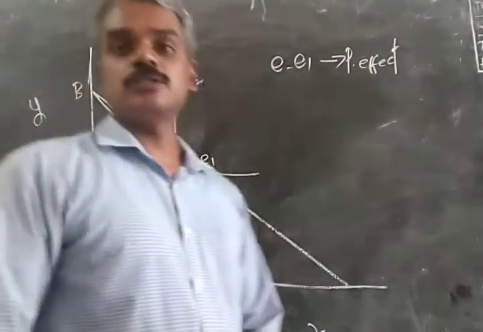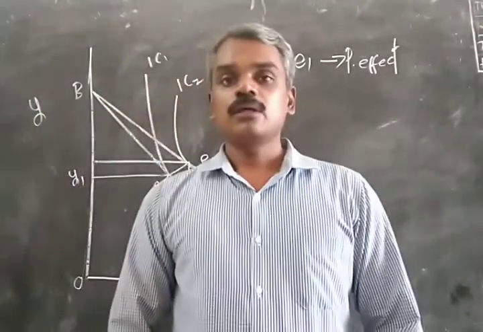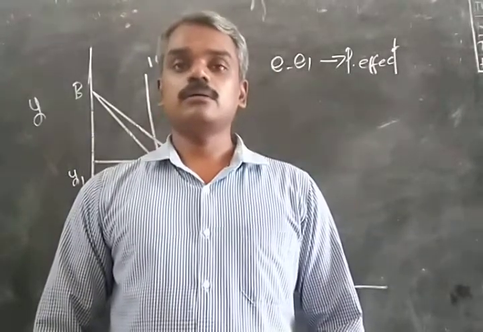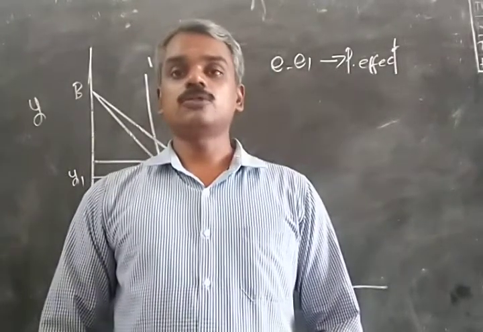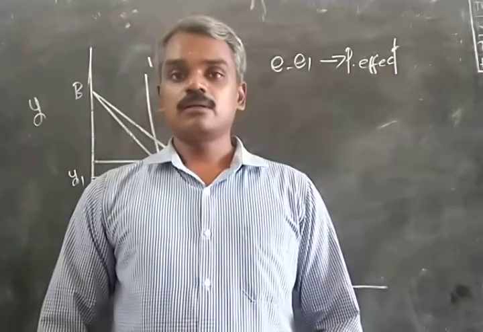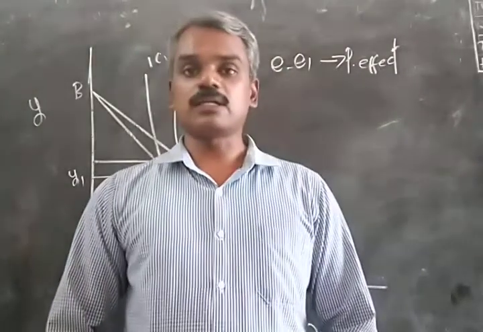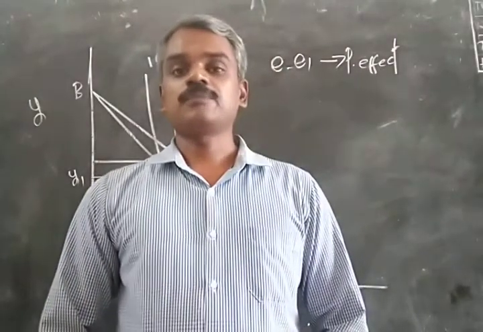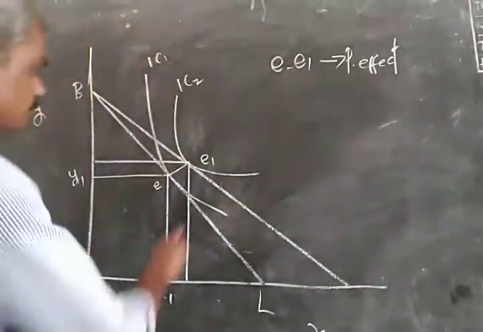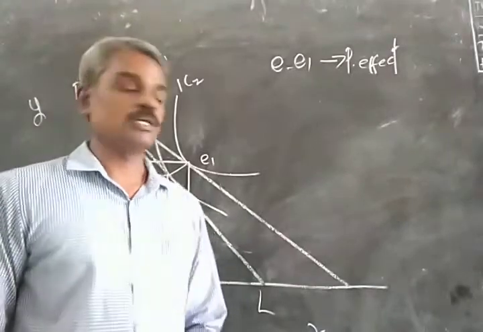Hicks has suggested a method called compensating variation, in which he says that the consumer can be taken to the old level of satisfaction by reducing his income. When his income is reduced and he is on the old level of satisfaction, he is enjoying the old level of satisfaction, and at the same time the price ratio has not changed.